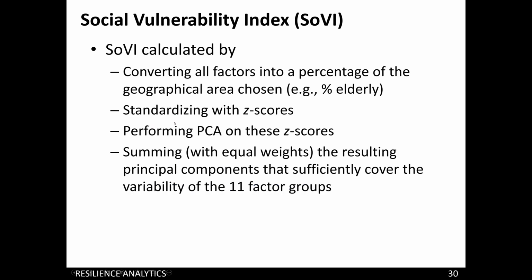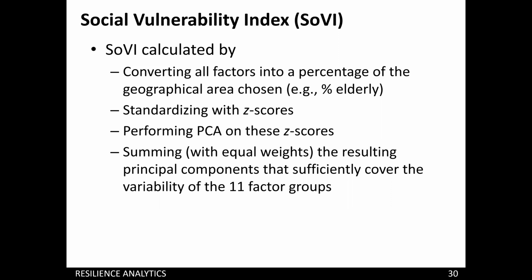And so, broadly speaking, the way the social vulnerability index is calculated is you convert those factors into a percentage of the geographic area chosen. So we'll see a picture of this in a second, but for example, you would calculate a social vulnerability index at the county level, or maybe a zip code, something like that.